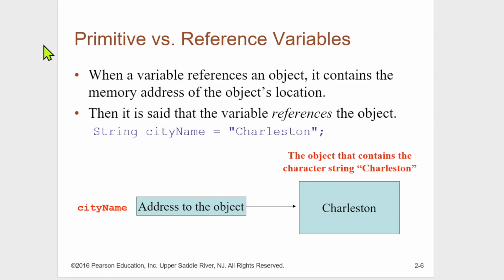Then it is said that the variable references the object. So String cityName equals Charleston. The cityName is the address to the object Charleston, the object that contains the character string Charleston.